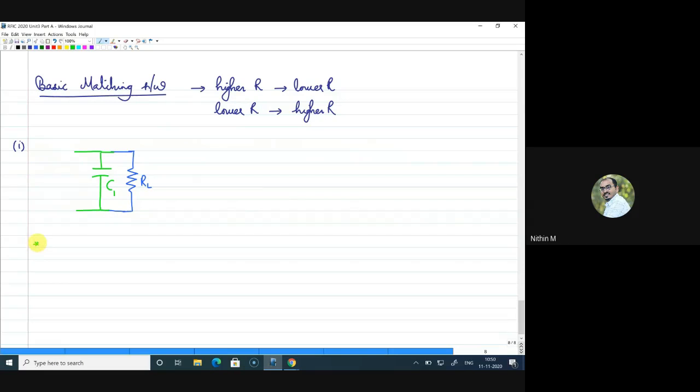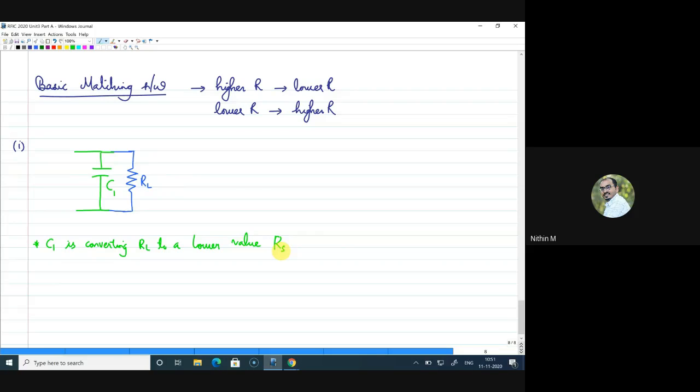C1 is converting RL to a lower value resistance. Let me call that resistance RS. RL is the present resistance value, I want to convert it to a lower resistance, I am calling it RS, and C1 is actually used for that conversion.